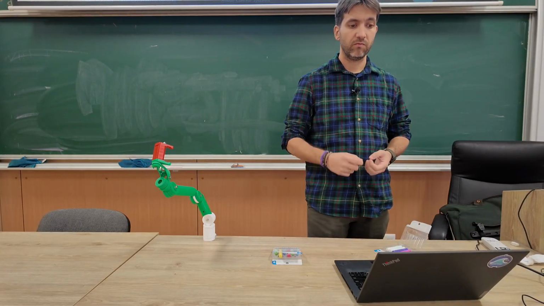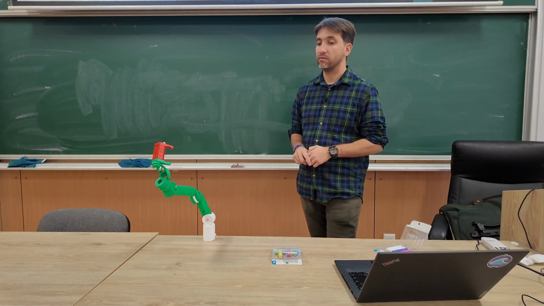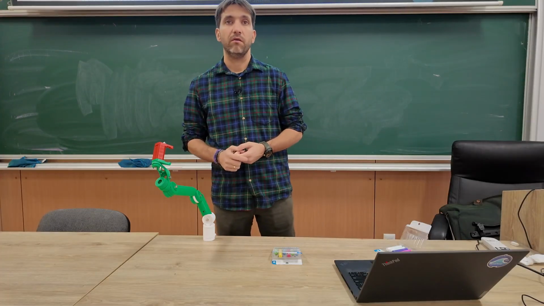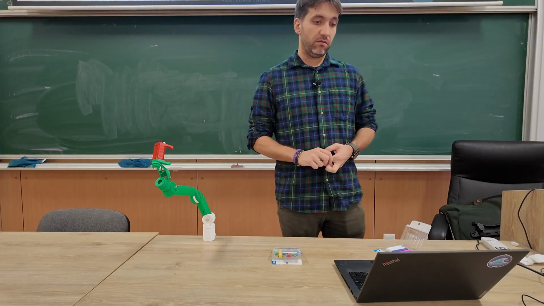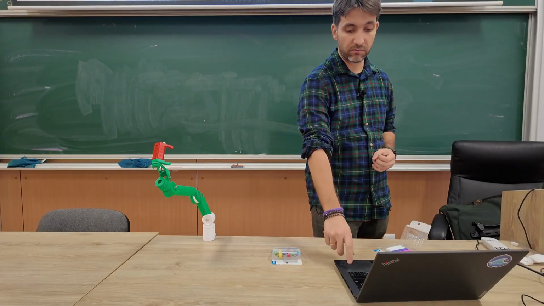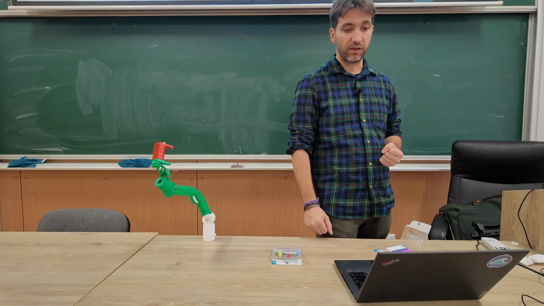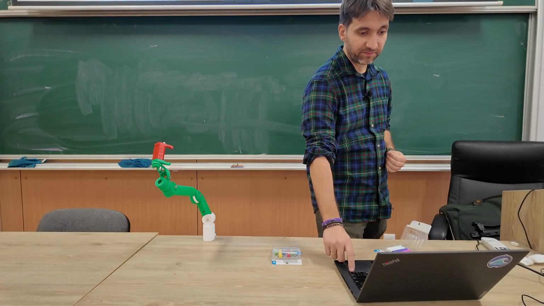What are we actually sending to the robot? Signals to the joint. Current, voltage. Some kind of signal to the robot. And what is the controller? We'll see today.